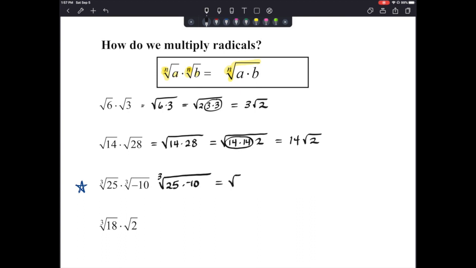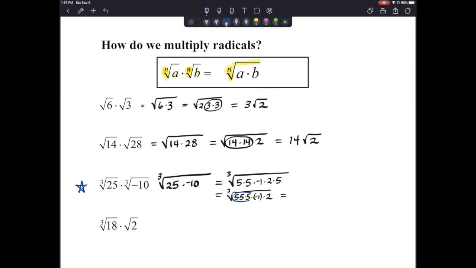When we break that apart, we know that 25 is just 5 times 5, and negative 10 is a negative 1 times 2 times a 5. So in this case, we end up with 3 5s. We have a negative 1 and then a 2. We need to think about what are all going to be perfect cubes.